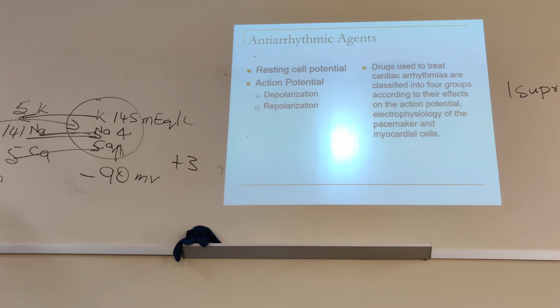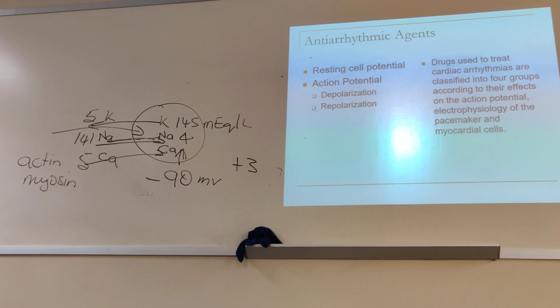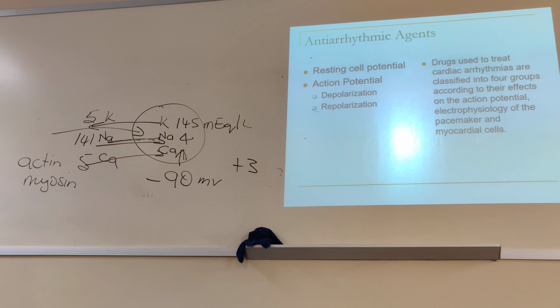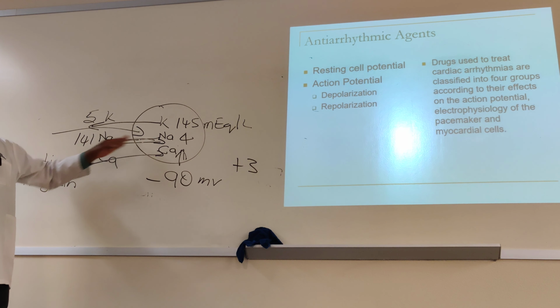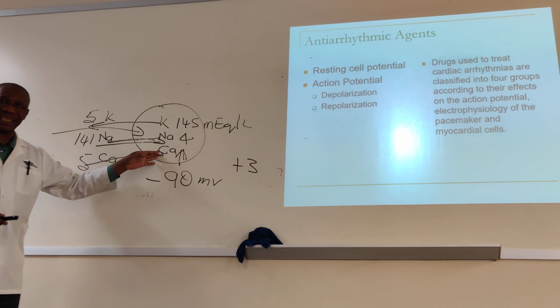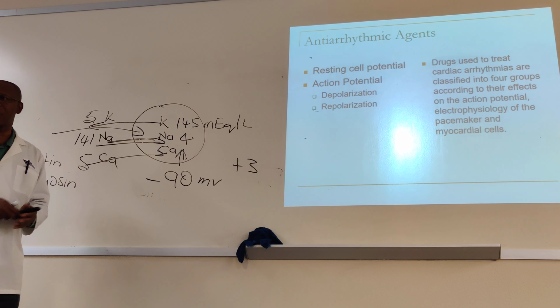With the increase in calcium, now they begin to rub together like that. That's how we get contraction. So what the antiarrhythmic agent does is to slow that process down so that your heart is not going fast. Because if we can slow the sodium from going in, or maybe the calcium from going in, then we can slow down the heart rate.